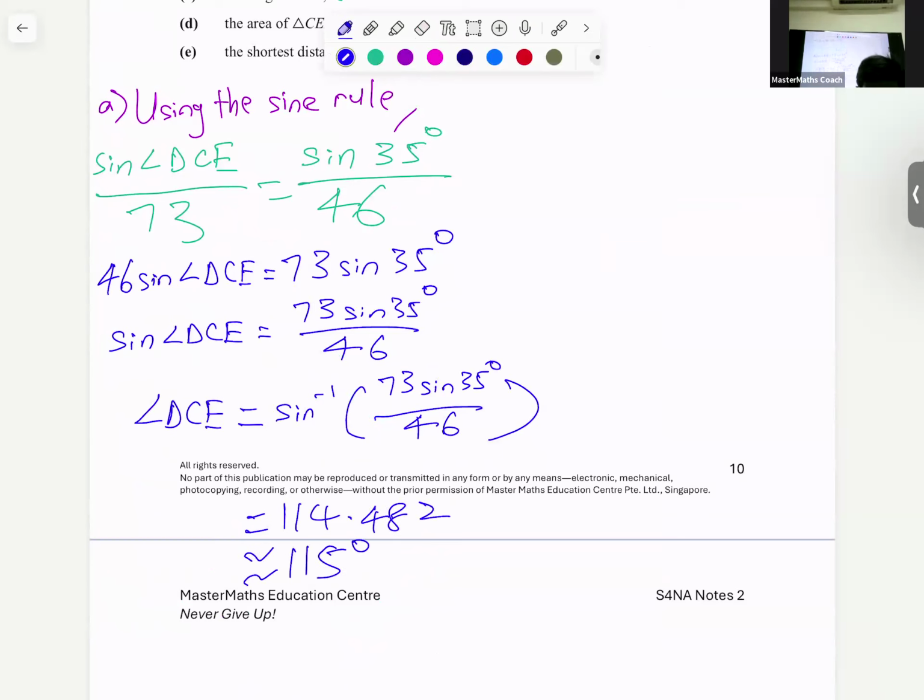Round off to 1 decimal place for angles, so 114.5 degrees.